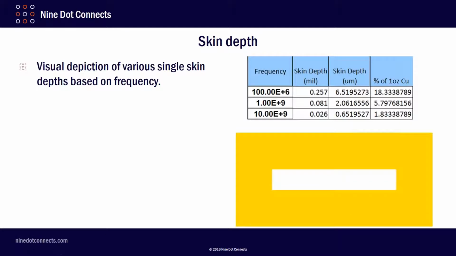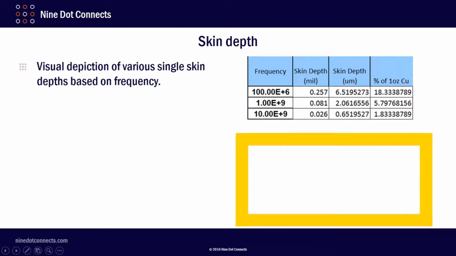But when you get to 100 megahertz, which is this line right here, the skin depth is only 0.257 mils, or 6.5 microns. And if you're dealing with 1.4 mils worth of copper, then you're talking about 18% of the thickness of the copper has 63% of the electrons moving.